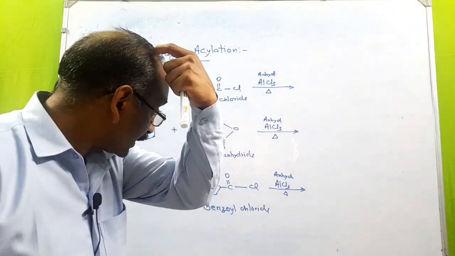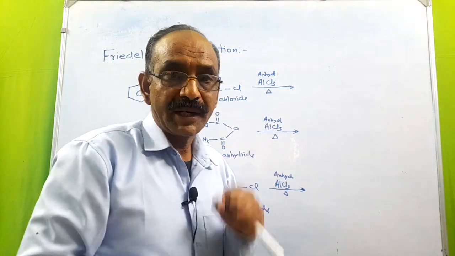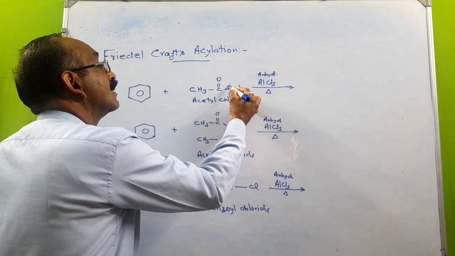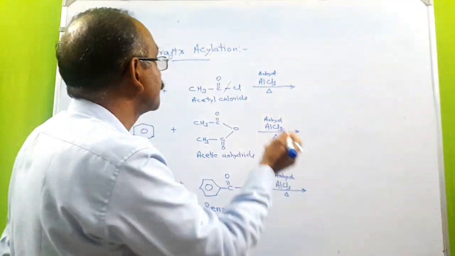see what happens? We obtain the aromatic ketone. The reaction is an example of the electrophilic substitution reaction.